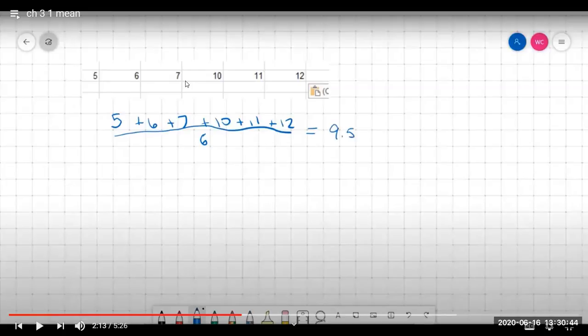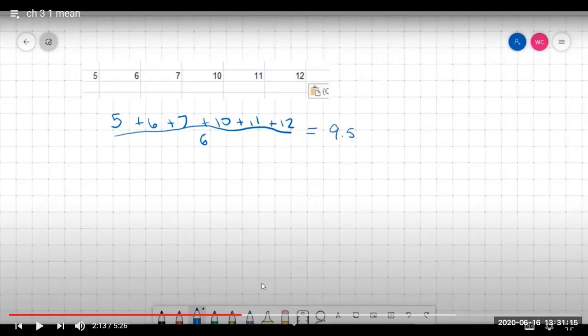So where's the mean going to be? Right between 7 and 10. How big is the interval between 7 and 10? It's 3, right? So half of 3 is 1.5. So it's going to be 7 plus 1.5, which is 8.5, not 9.5.